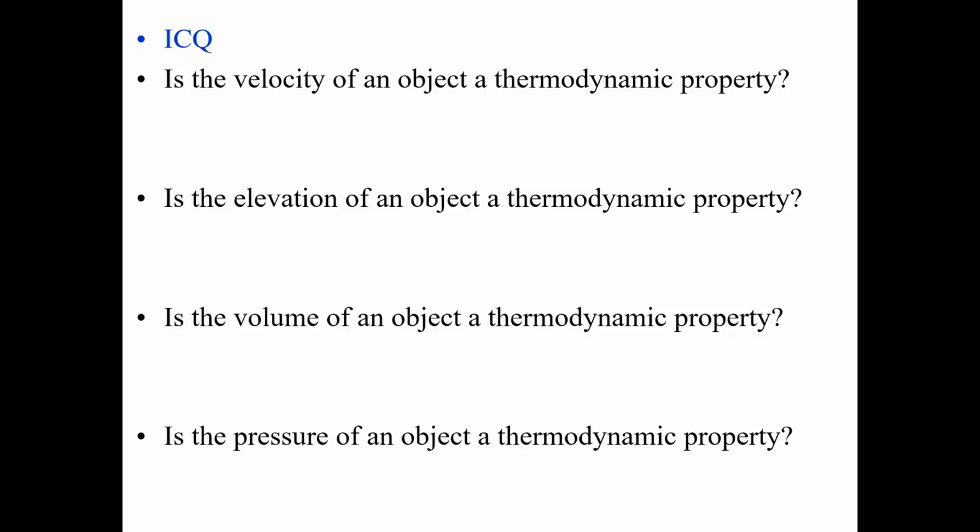First, is the velocity of a system its thermodynamic property? The answer is no. The reason is that the velocity of an object, in fact, depends on the reference frame.